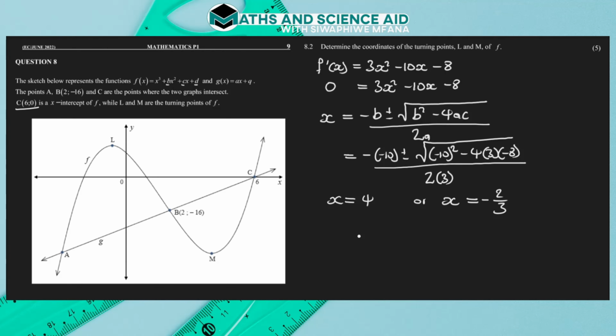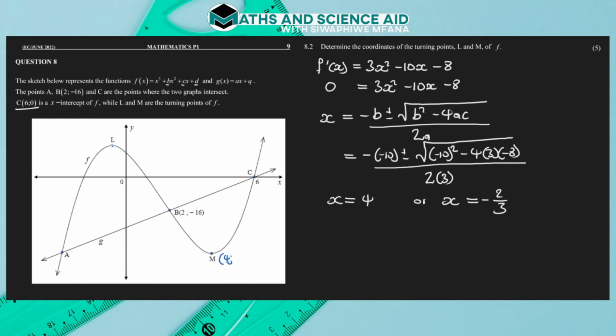their corresponding y values. But before we even get into that, we can actually check if these values make sense by using the provided sketch of these functions. So we see that one of the values of x is equal to 4, and that corresponds with the x value of the turning point of m, clearly, because m has a positive x value.